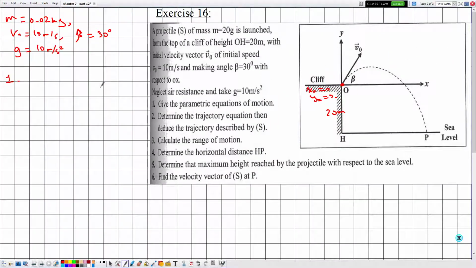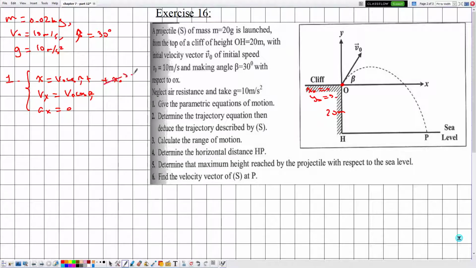Okay, now in this case we can directly say x is equal to v0 cosine beta t plus x0, but the value of x0 is 0. And so let me write it here: Vx is equal to V0 cosine beta, and Ax is equal to 0.